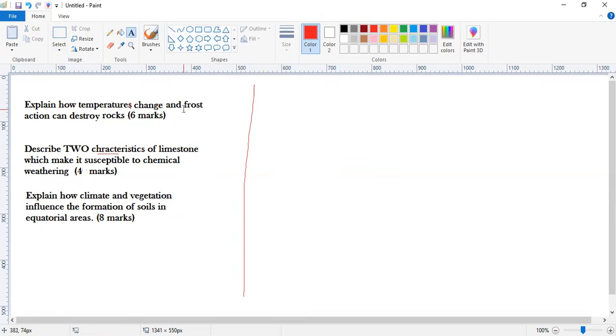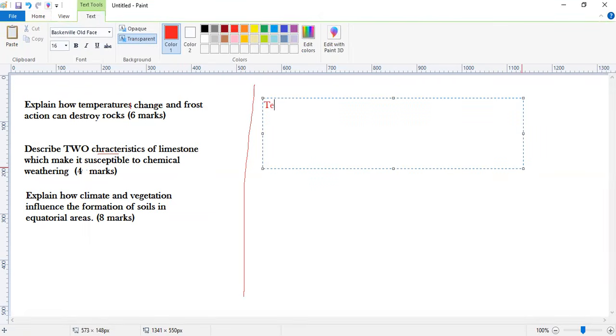All right, so you're asked to talk about temperature change. I would encourage you, like I encourage my students, when you're answering your questions, it's good for you to have your little subheadings so that your examiners will know exactly what you are talking about. So you're going to be talking about temperature change.